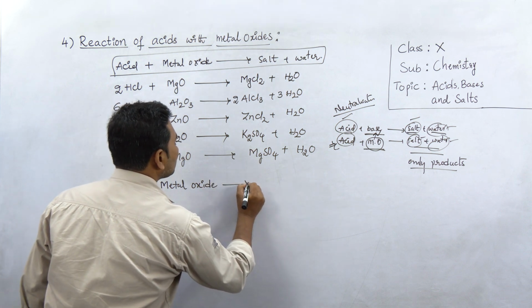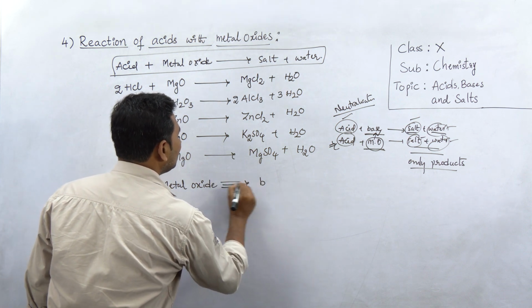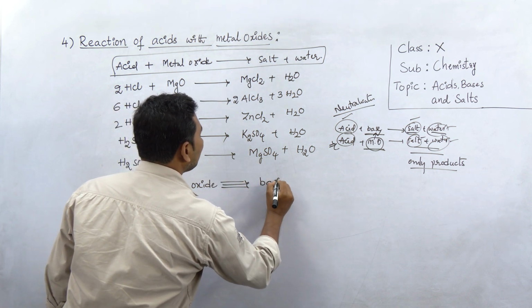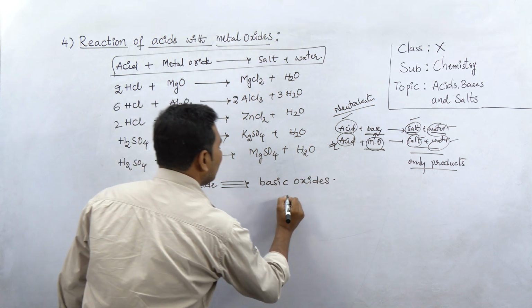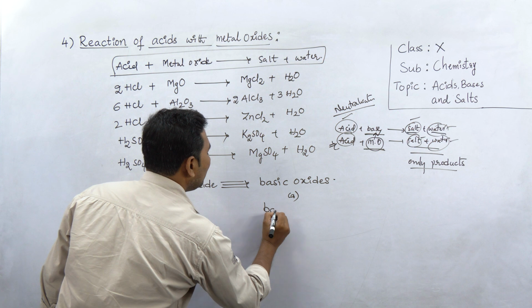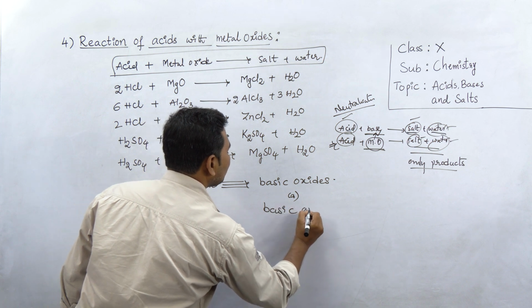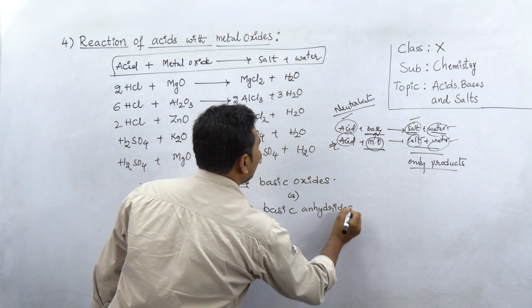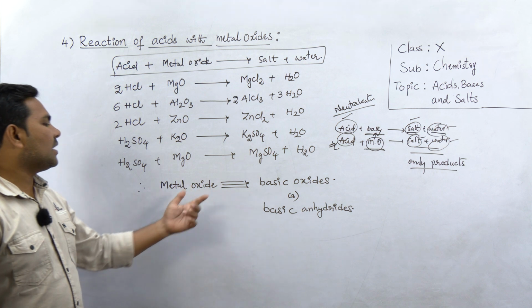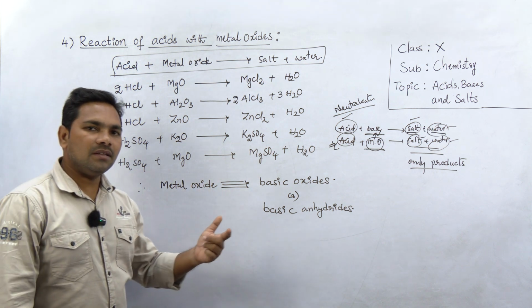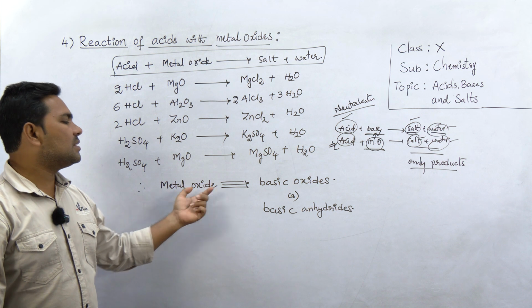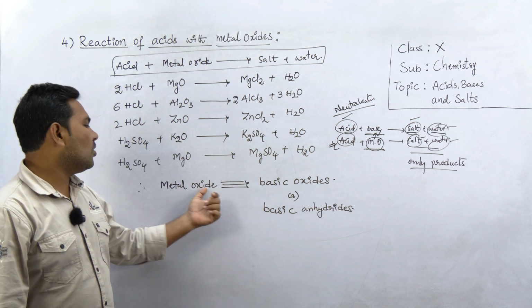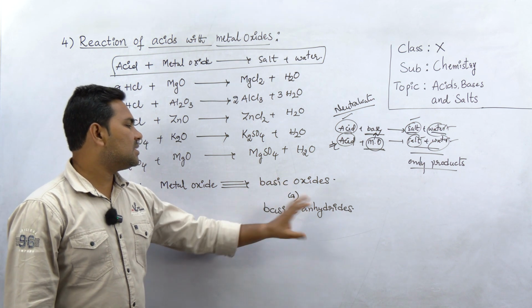So metal oxides are generally considered to be basic oxides. They are also called basic anhydrides because they react with acids the way bases react with acids. So since they resemble bases in chemical properties, metal oxides are basic oxides or basic anhydrides.